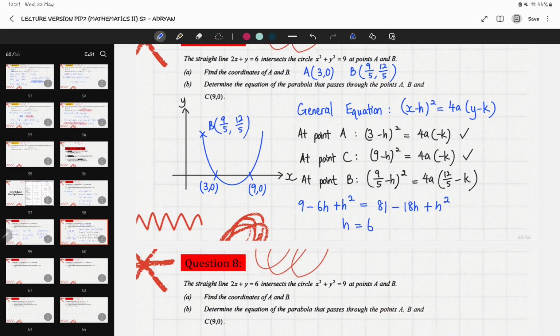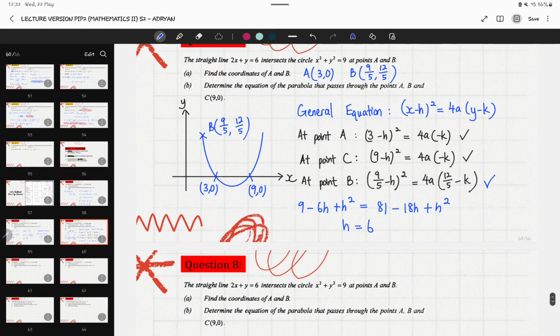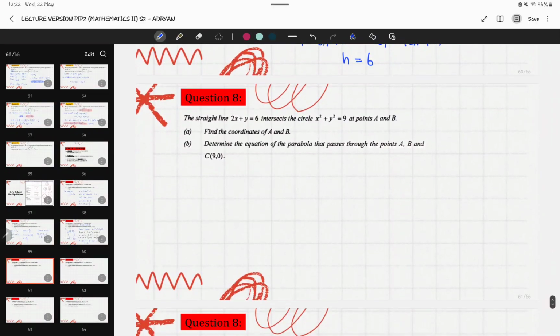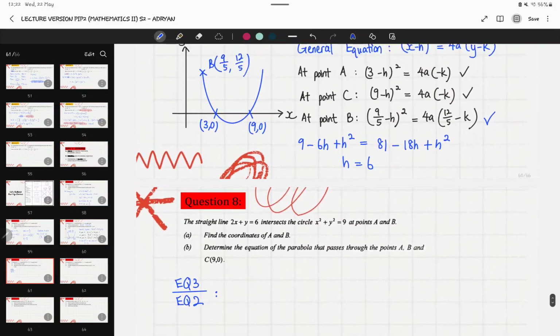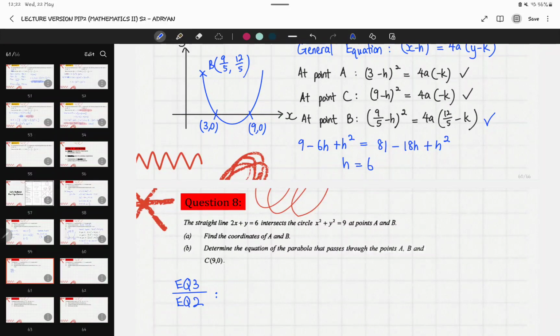Can we find k? Yes, we can. How do we find k? By taking the third equation and dividing it by the second equation, let's say. Since we already have h, you just substitute h.